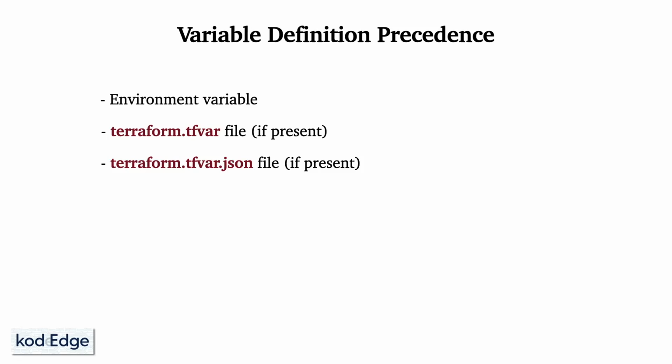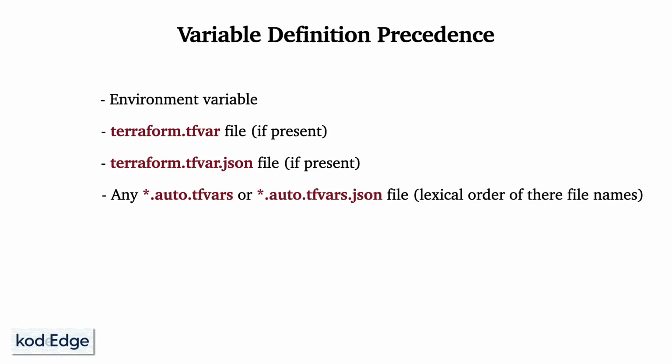Same way, if you define the variable in the terraform.tfvars.json file, it will give precedence to this file. Next, if you define the variable in the .auto.tfvars file, Terraform will give precedence to this variable. And last one, if you use -var or -var-file option, Terraform will give precedence to this option.